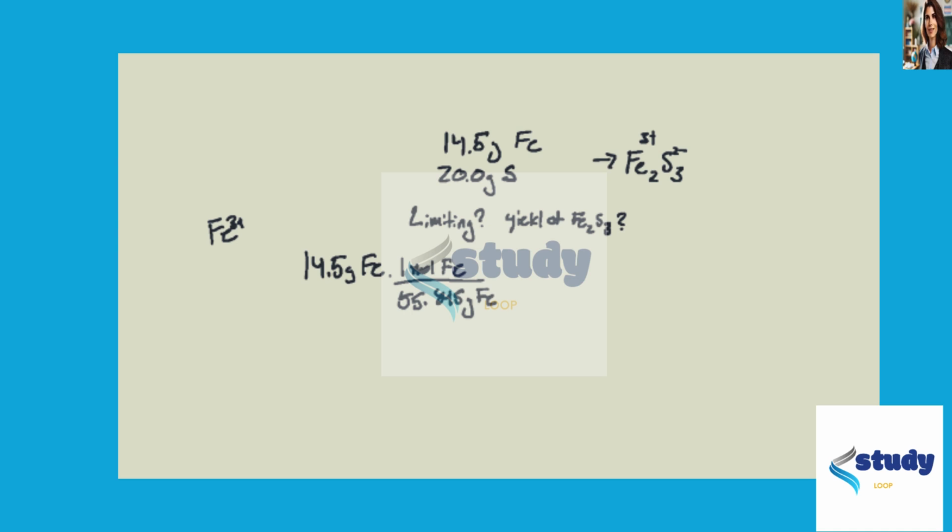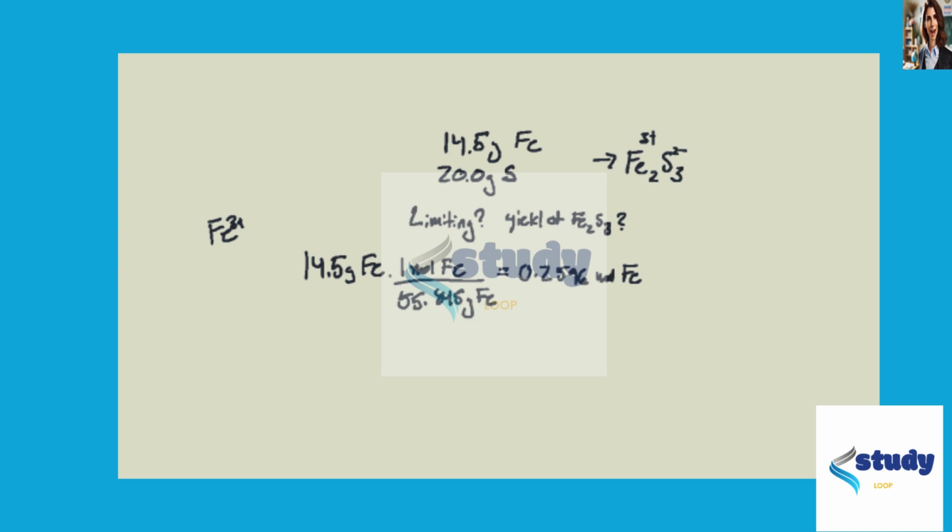And we will put this in our calculator, and we get 0.2596 mole of iron. Okay, and we will do the same for sulfur.